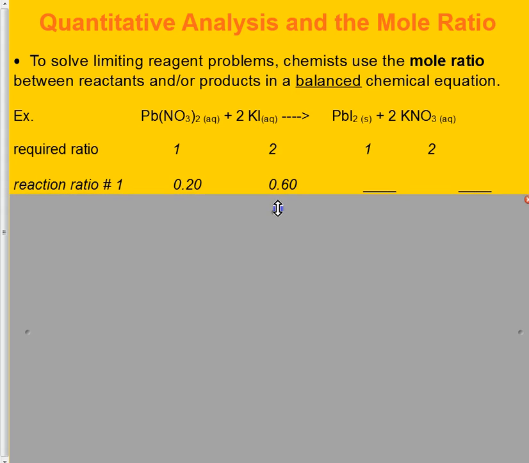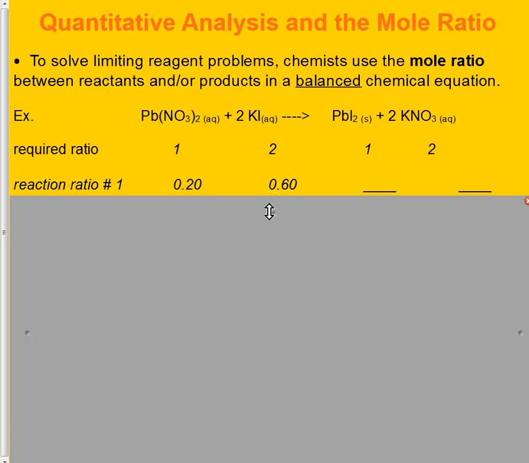So what if we started out with not 1 mole to 2 moles, but we knew that we had 0.2 moles of lead 2 nitrate and 0.6 moles of potassium iodide. So the required ratio is 1 to 2. The actual ratio in the reaction is 0.2 to 0.6, which is 1 to 3.